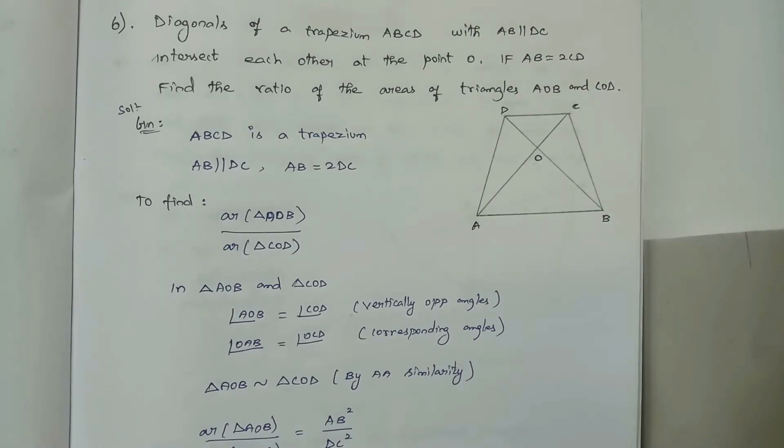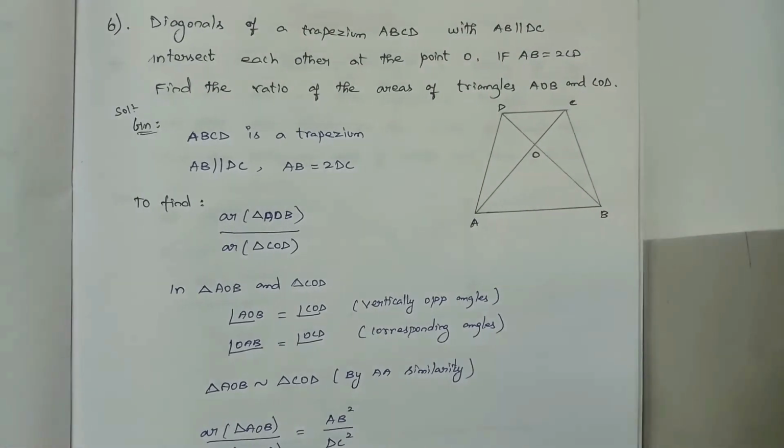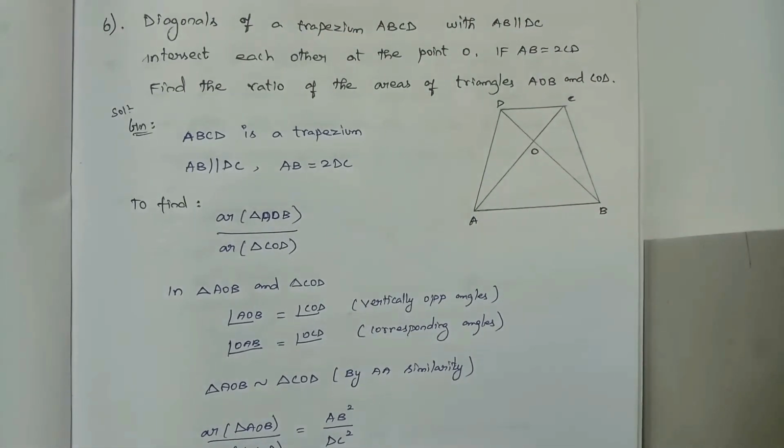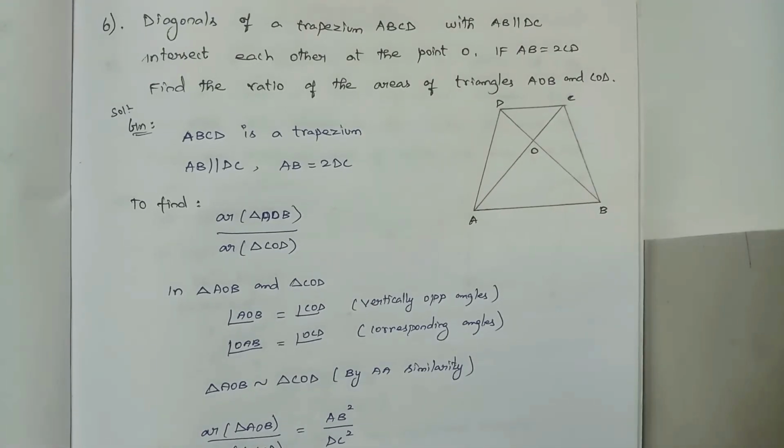By using the same property, that the two triangles are similar, the ratio of the areas of two triangles is equal to the square of the ratio of their corresponding sides. That property alone we are going to use in this whole concept, to find whatever they are asking.